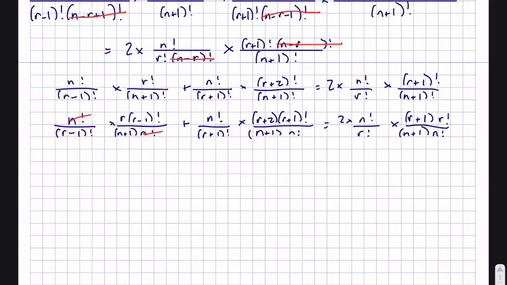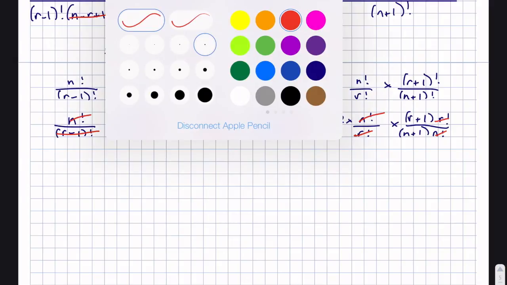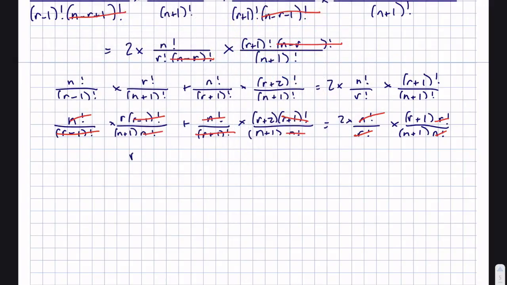All up I get r over (n plus 1) plus (r plus 2) over (n plus 1) equals 2 times (r plus 1) over (n plus 1).